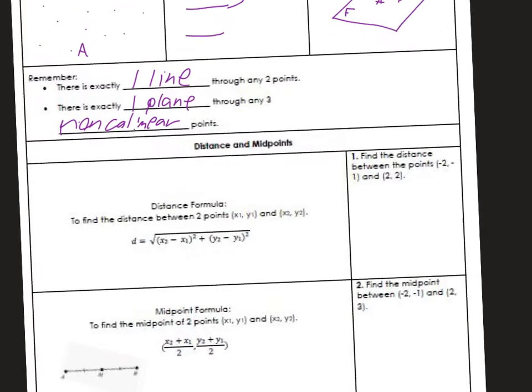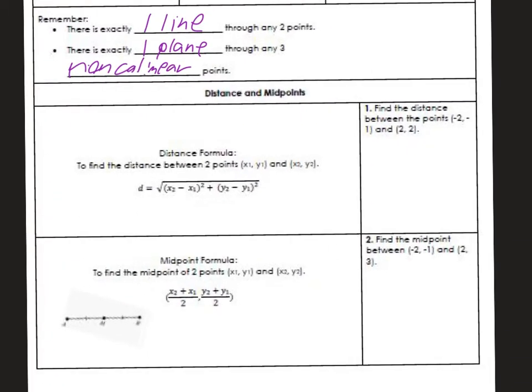Distance and midpoints. Distance formula. To find the distance between 2 points, we use a variation of the Pythagorean theorem. To find the distance between points (-2, -1) and (2, 2), we'd simply plug and chug.